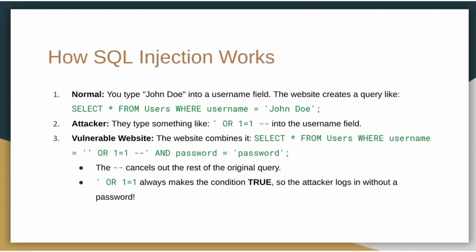The last two slashes tell the database to ignore the rest of the query. As a result, the attacker can log in without a valid username or password. So even though it looks simple, the trick can be full of surprises for the system if it is not configured properly.